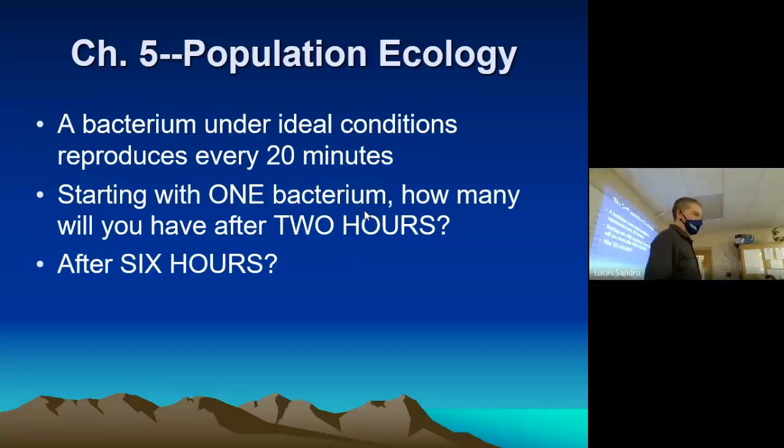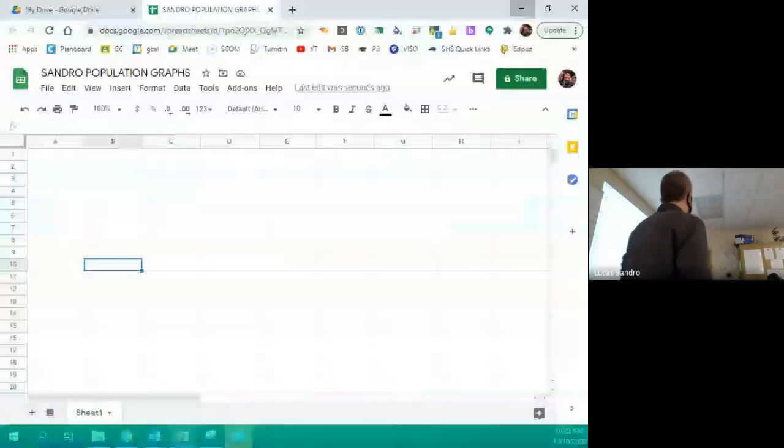Grab a device and open up a new Google Sheet, please. And you're going to name that Google Sheet because you're going to need to keep track of it for the next however many days this unit takes.